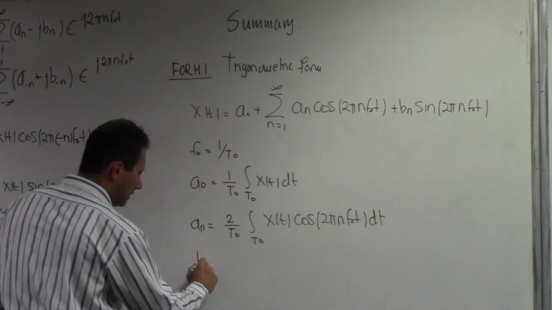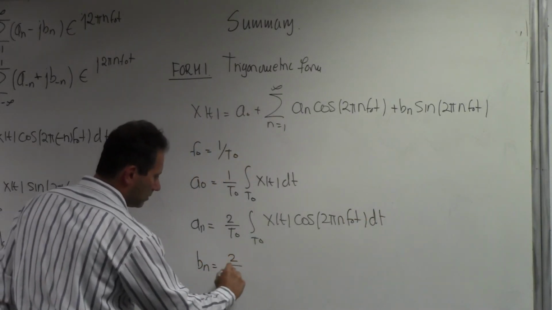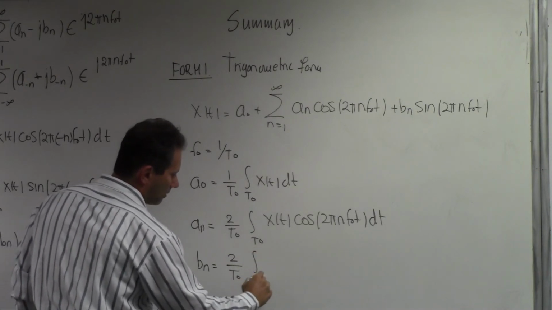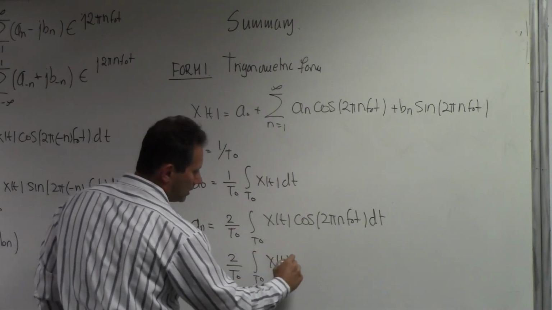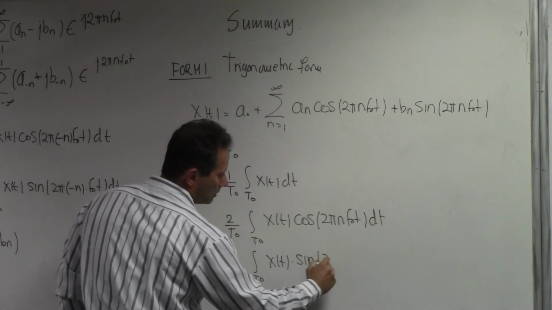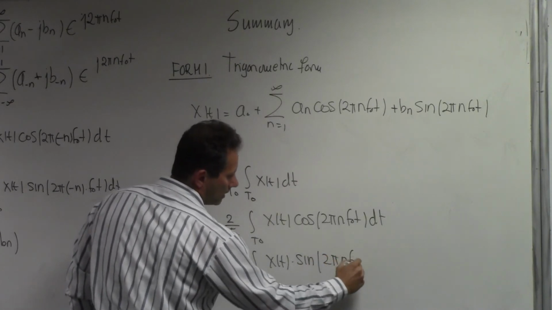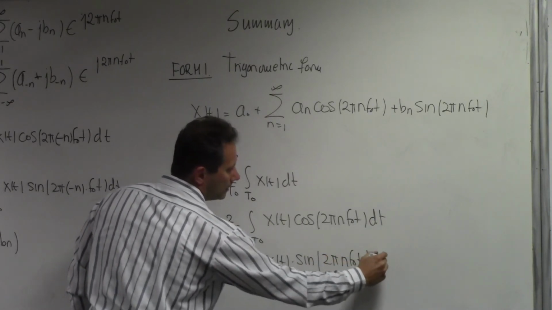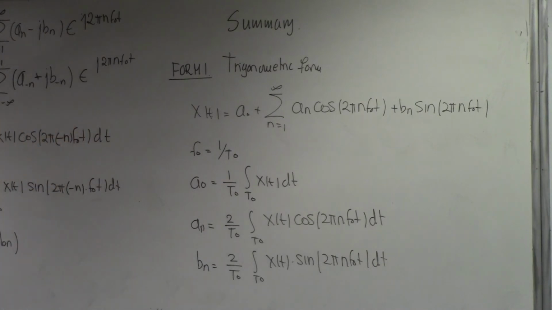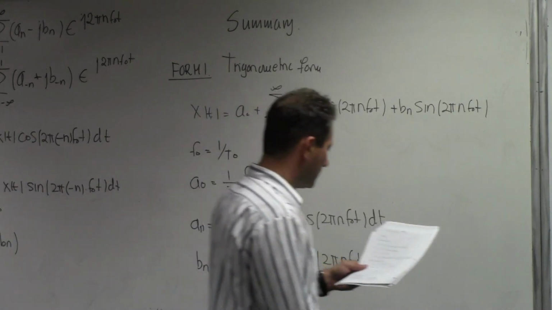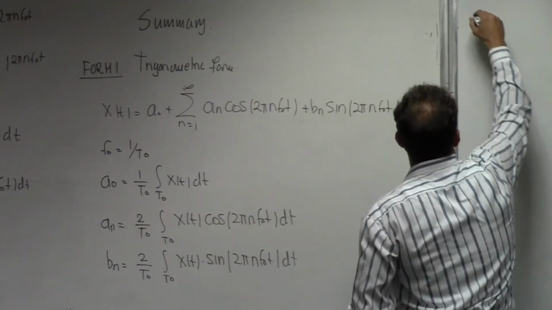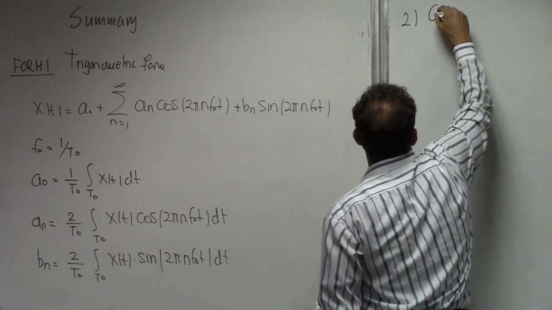And then bn is calculated as 2 over t0, integral over t0, x of t times sine 2 pi n f0 t dt. So this is a very useful formulation because it has all the calculation formulas that give you the coefficients.